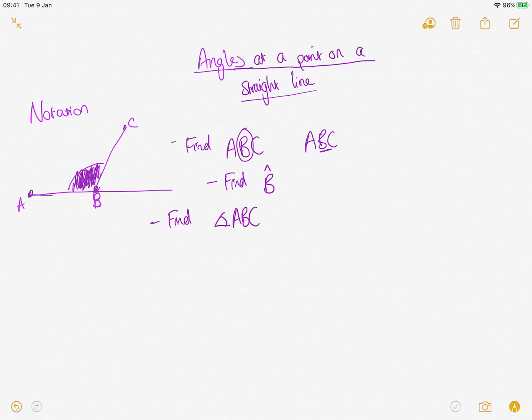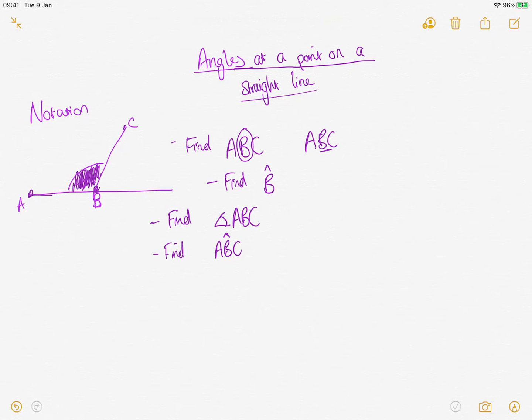So there's one way, two way, three way. Another way is find and a little arrow on top of it, denoting where the angle is. And yeah, that's pretty much all the ways.